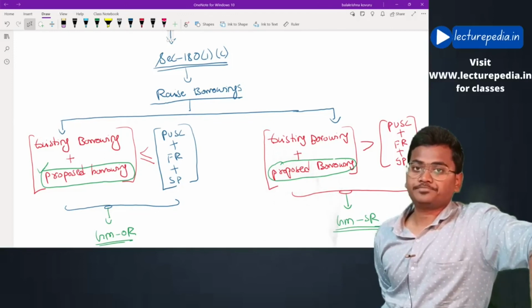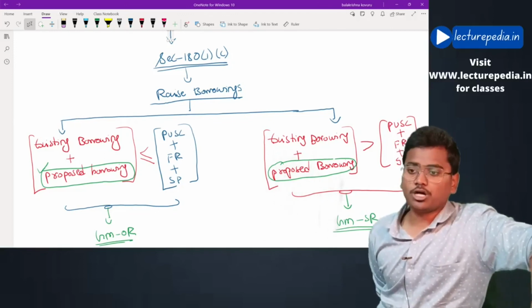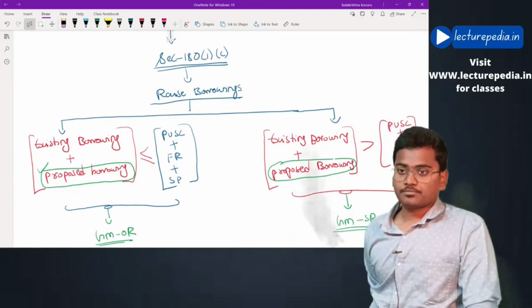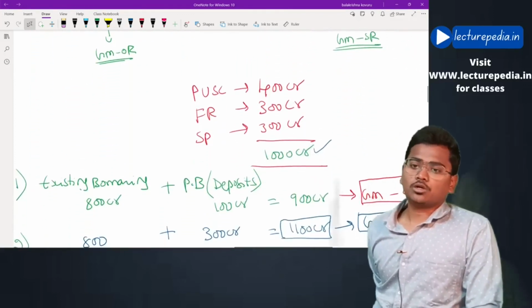Hope you are done. Otherwise you can pause and make a note. Okay, I'm scrolling. You can also write down this example.